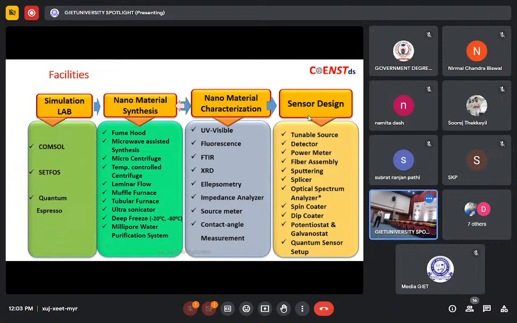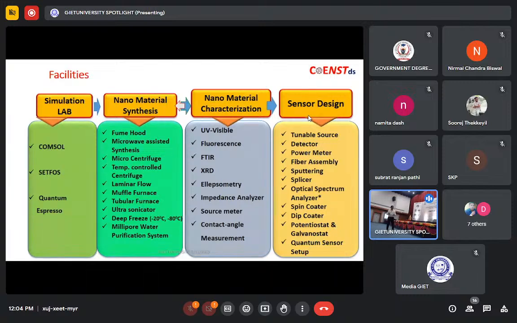Now, once you have decided from the simulation that yes, this material is working fine, then you go to the nanomaterial synthesis lab. There is another lab where you can prepare these nanomaterials as per the simulation result. And once you have prepared this nanomaterial, you have to see whether it will work or not.